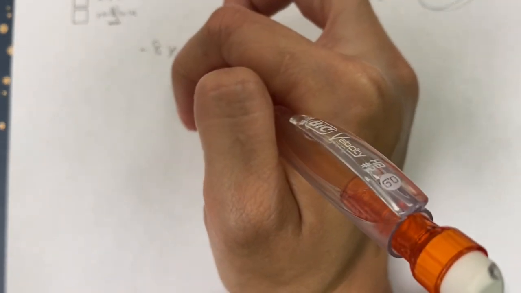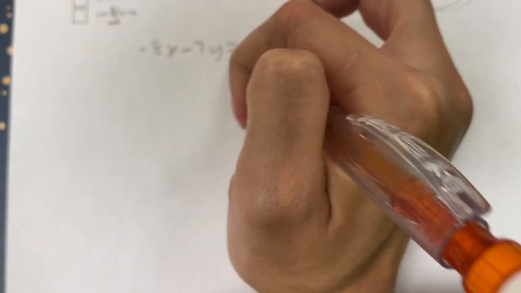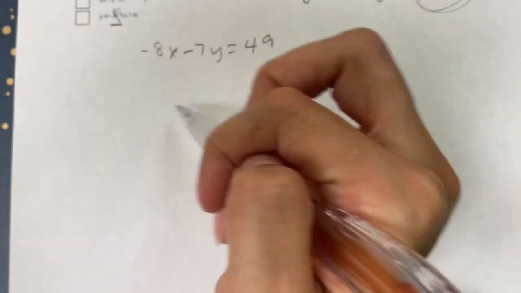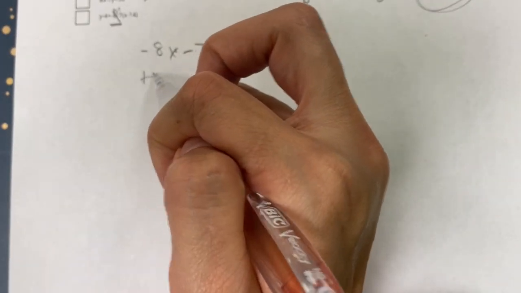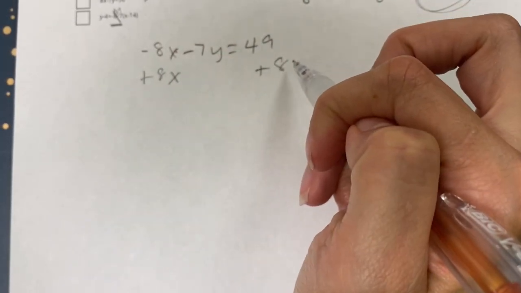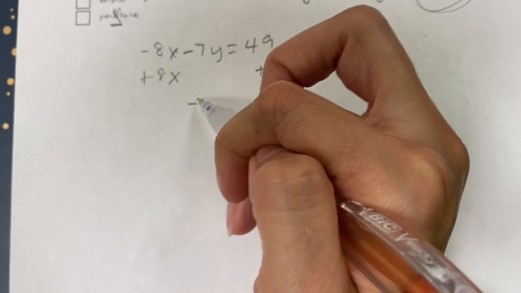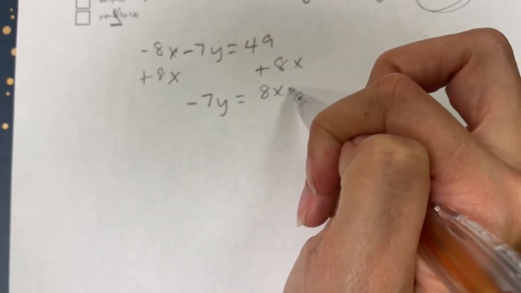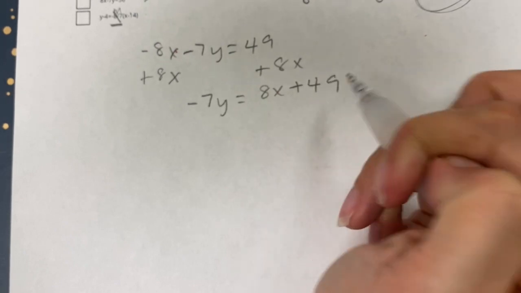Negative 8x minus 7y equals 49. Okay, so we're moving our x over first, so positive 8x to both sides. Negative 7y equals 8x plus 49.